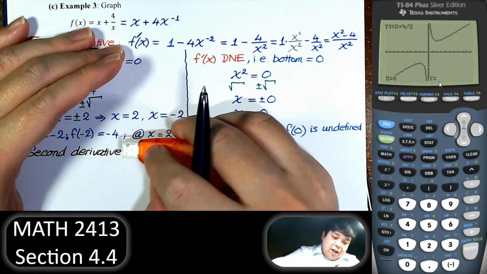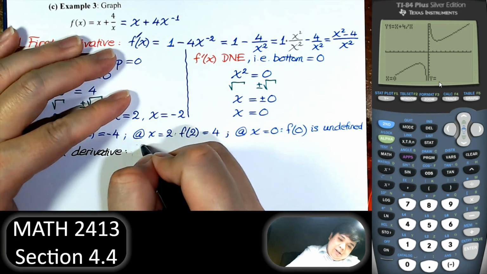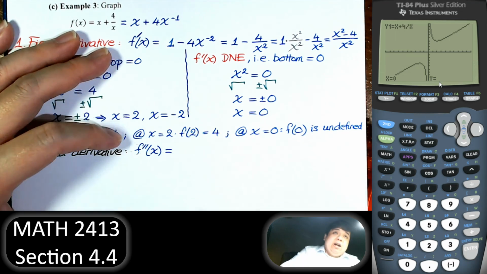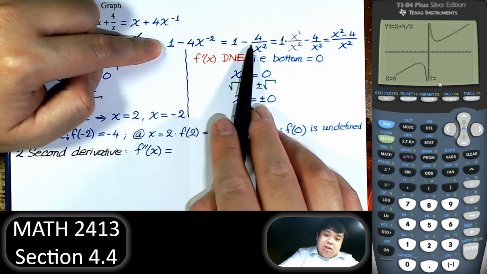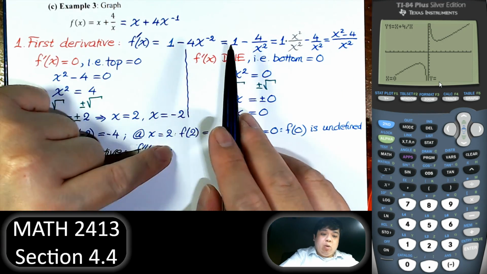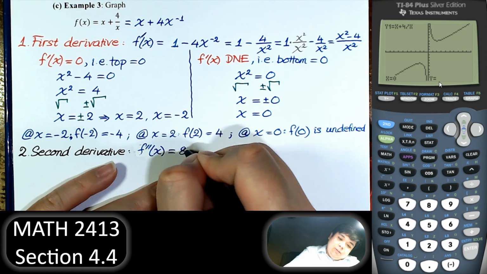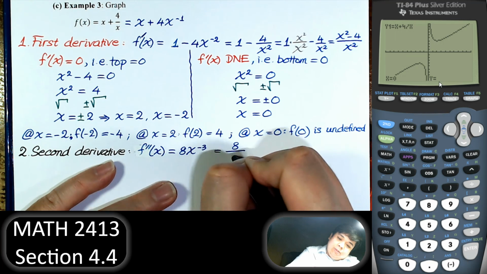Now we'll take the second derivative. Second derivative is the derivative of the derivative, so I can choose any of this. And this one looks like it's easy to take the derivative. Derivative of 1 is 0. Derivative of that gives us 8x to negative 3, which is 8 over x cubed.